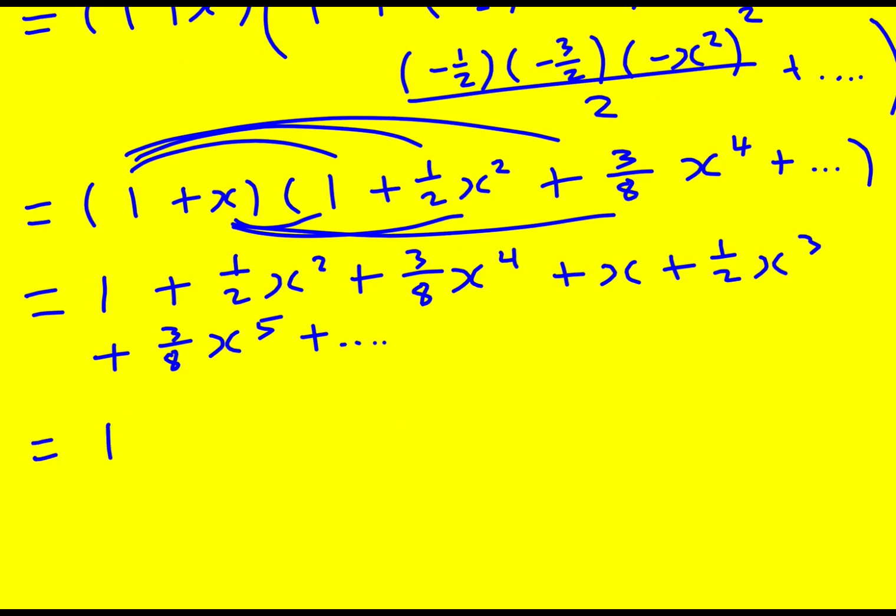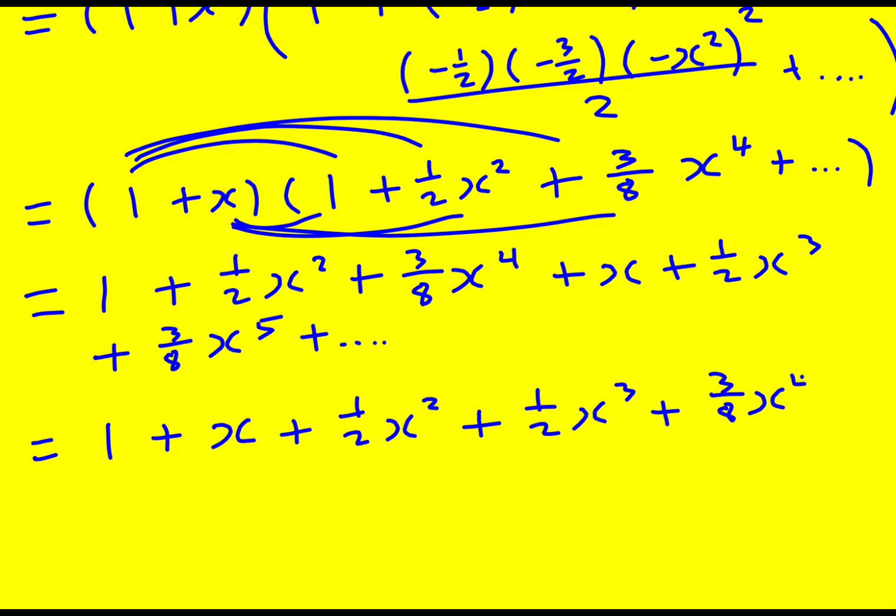It's good to tidy this up, so write it in ascending powers. 1 plus x plus a half x squared plus a half x cubed plus 3/8 x to the 4. Frustratingly, I can't quite fit that in.